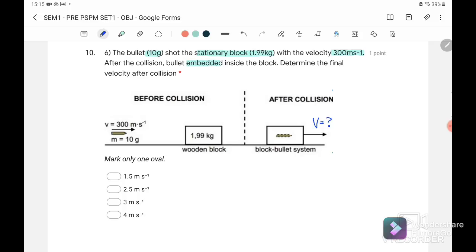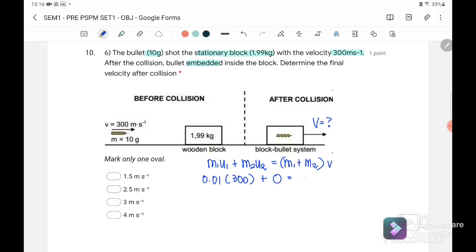So we can use conservation of momentum to find the answer. m1u1 plus m2u2 is equal to (m1 plus m2)v. m1 is the bullet, 10 grams, so it's 0.01, moving with 300 meters per second. Initially the block is not moving, so it's equal to 0.